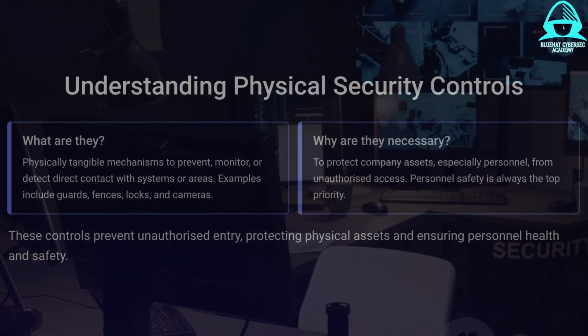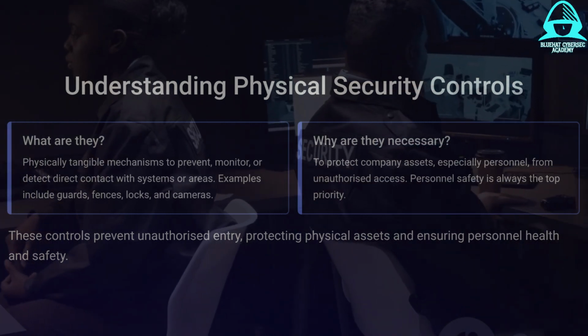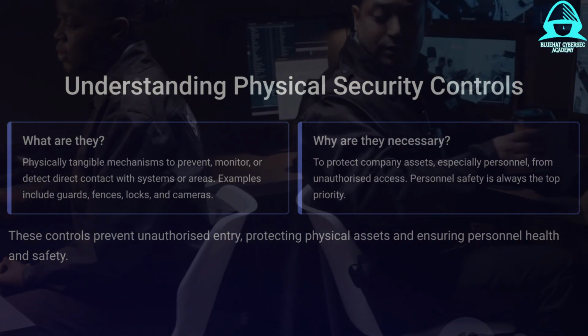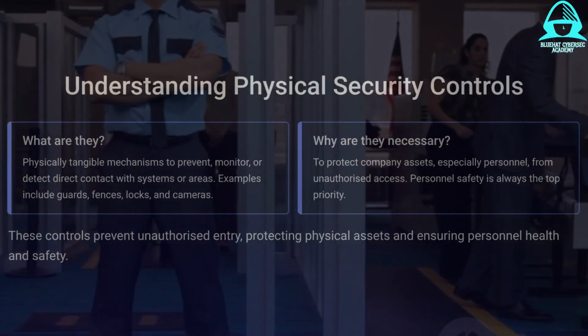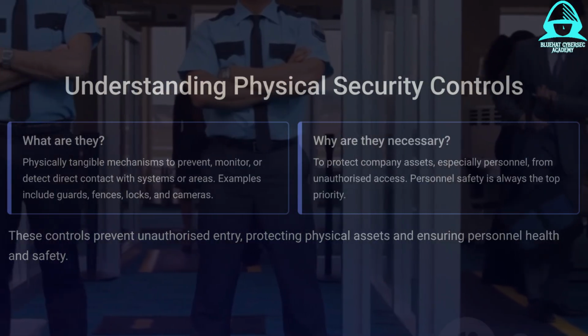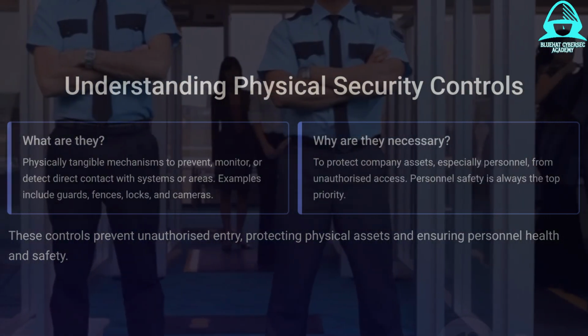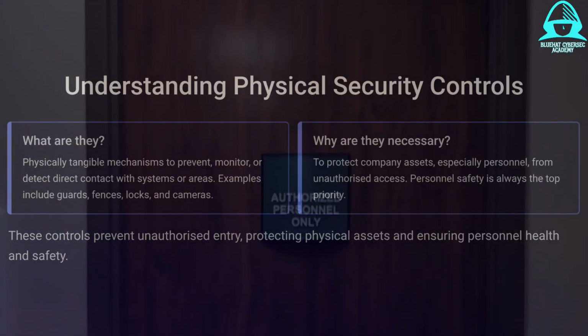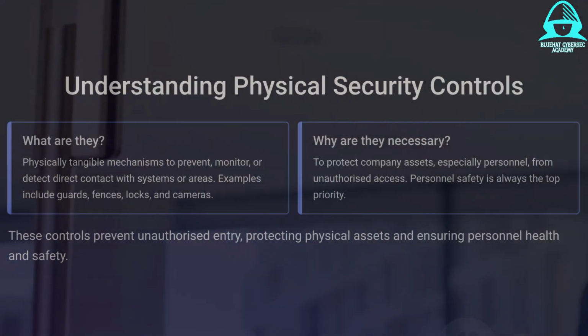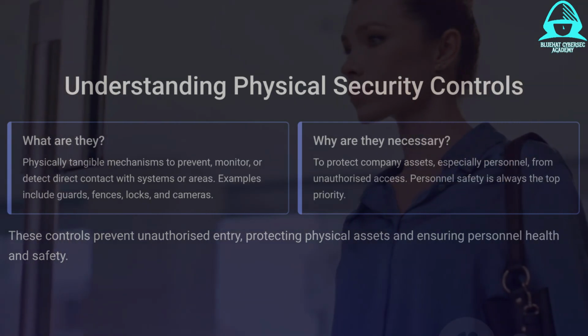Physical access controls are necessary to protect the assets of a company, including its most important asset, people. When considering physical access controls, the security of personnel always comes first, followed by securing other physical assets. So, why have physical security controls?